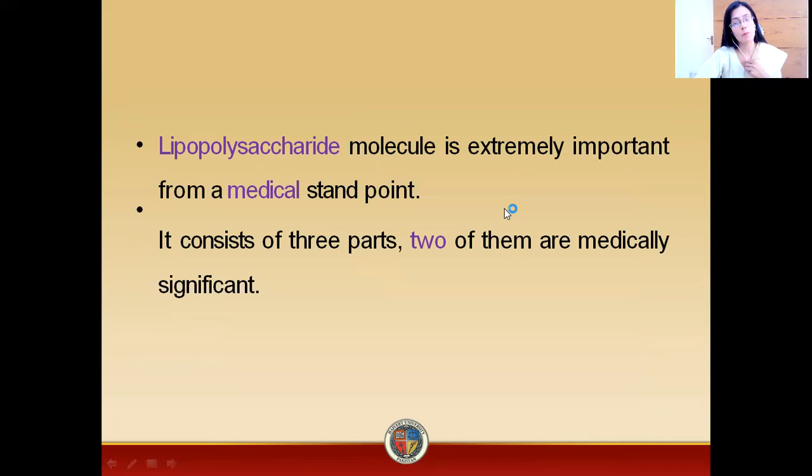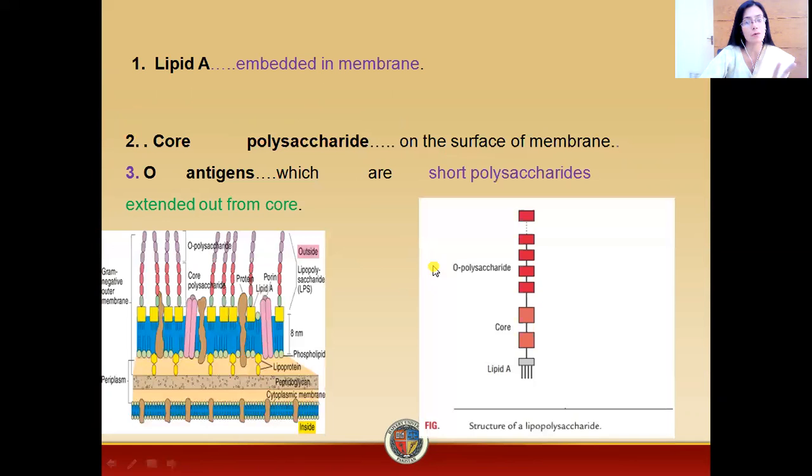This lipopolysaccharide is very important medically. It is composed of 3 parts, among which 2 parts are very important. These 3 parts are lipid A, the core, and the O antigen.